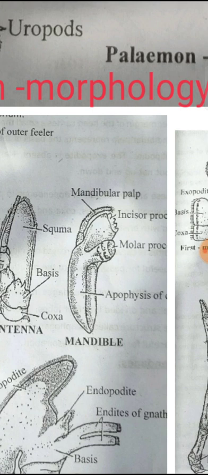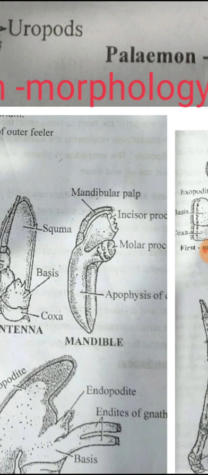The outer margin of the head carries a small three-jointed mandibular palp. The proximal segment of the palp represents the base and the protopodite, while the two distal segments represent the endopodite. The exopodite is absent.